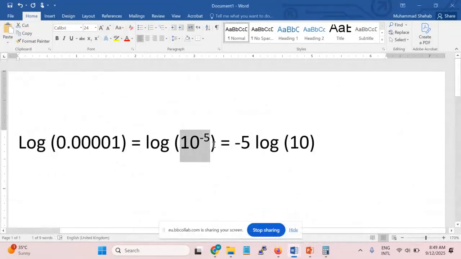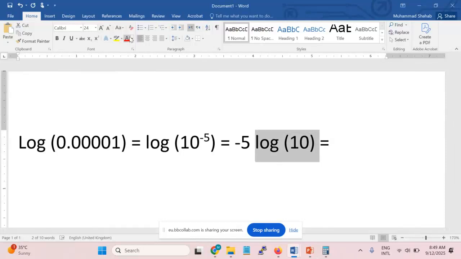So log 10 to the power minus 5 equals minus 5 log 10. And log 10, how much does it equal? 1. Log 10 always equals 1.